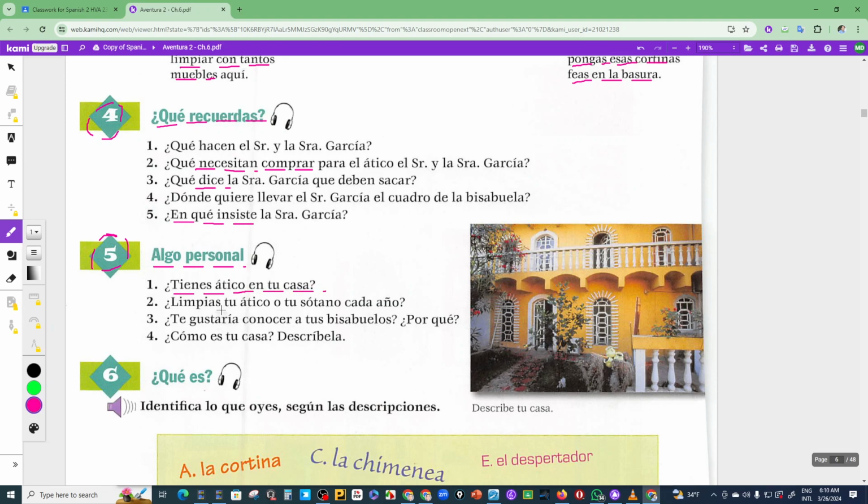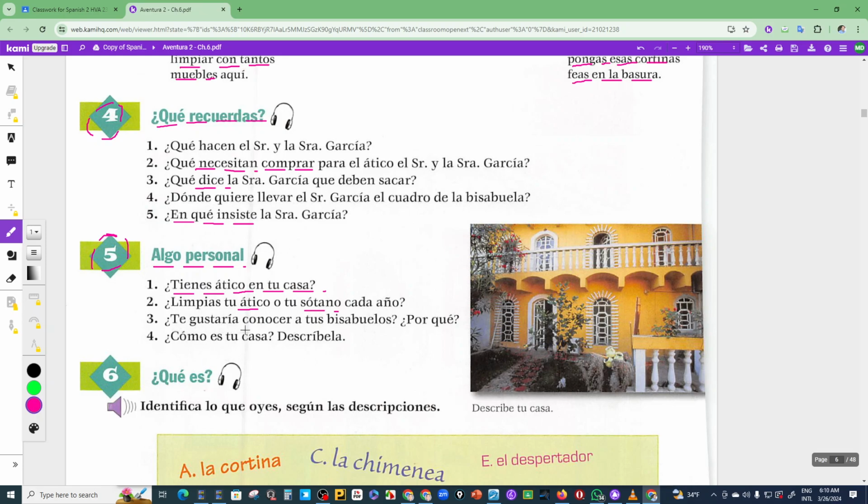Do you have attic in your house? ¿Limpias tu ático o tu sótano cada año? Remember these two words, ático and sótano. They are pretty much opposite, if we could say, because attic is the top part of the house, and sótano, the bottom part of the house.